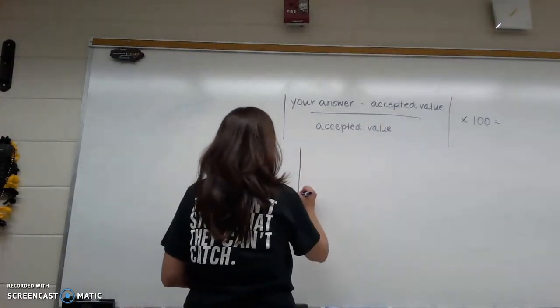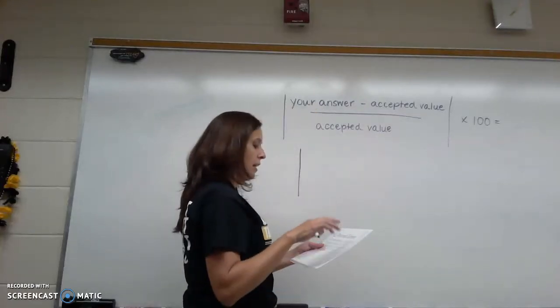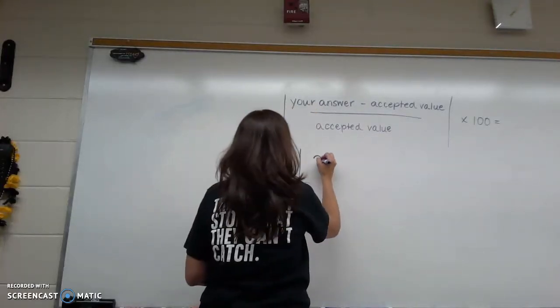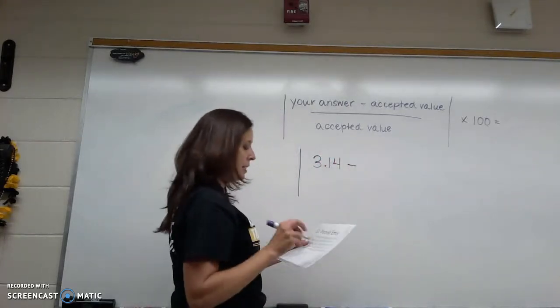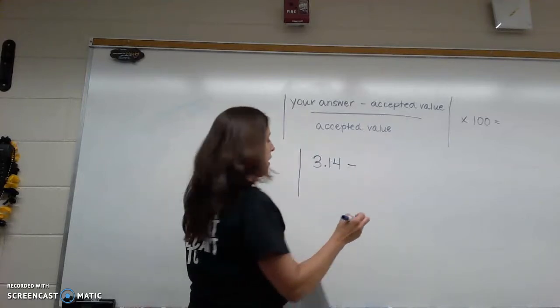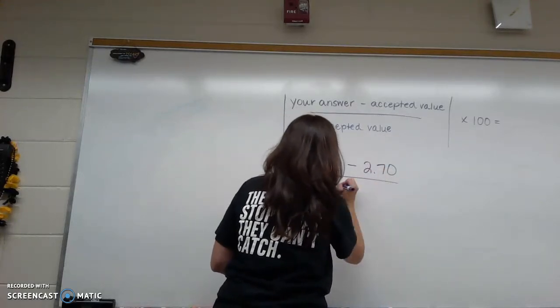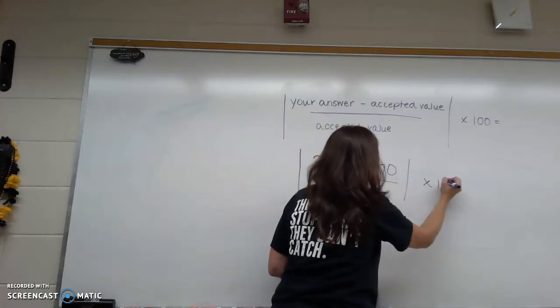I do my absolute value bar. Your data in this problem says that it's 3.14. So that's where that's going to go. Minus the accepted value. In this problem, the accepted value was 2.7. So 2.70 over 2.70 times 100.